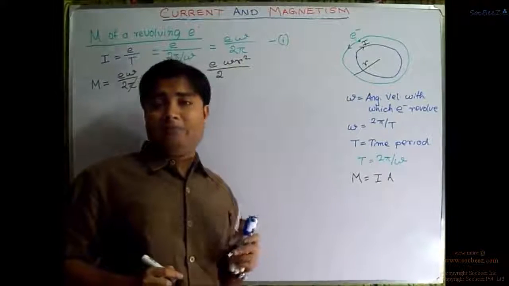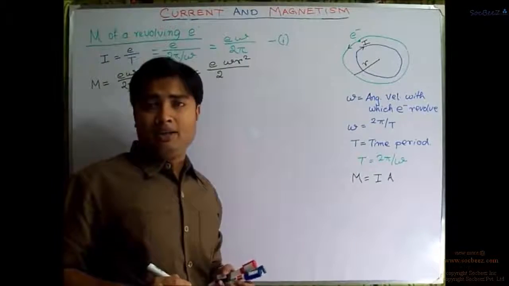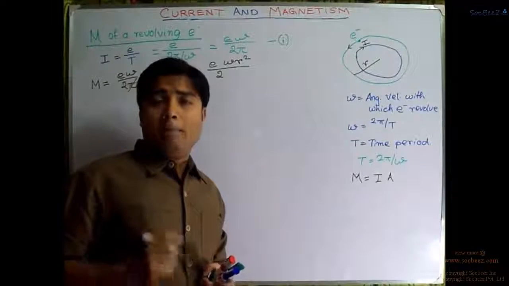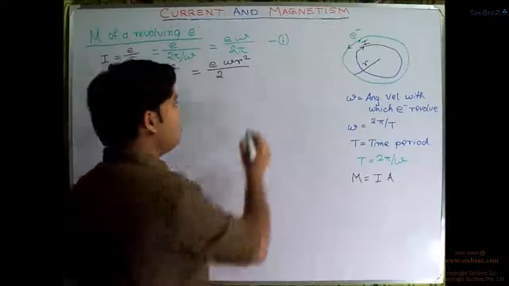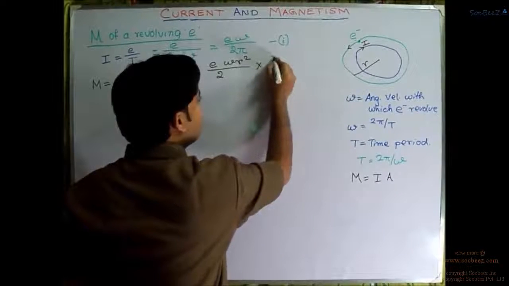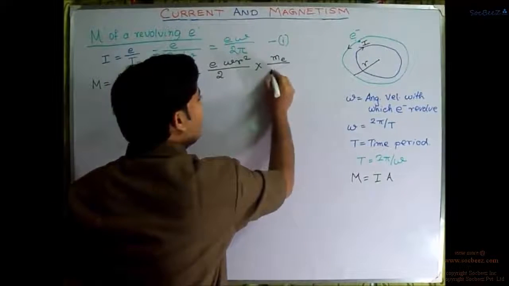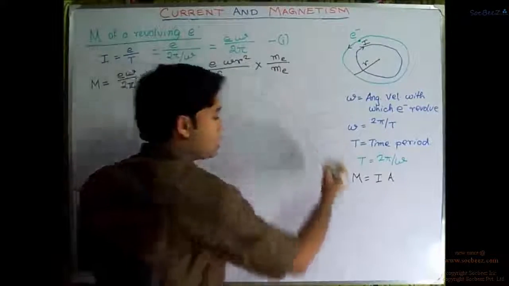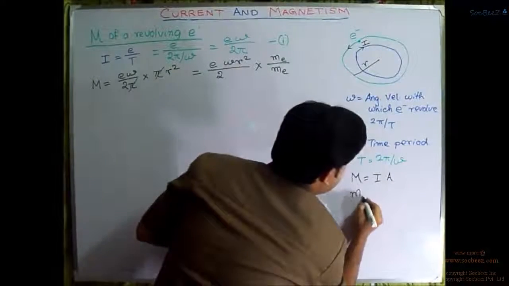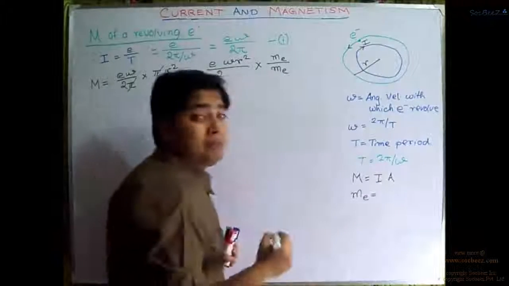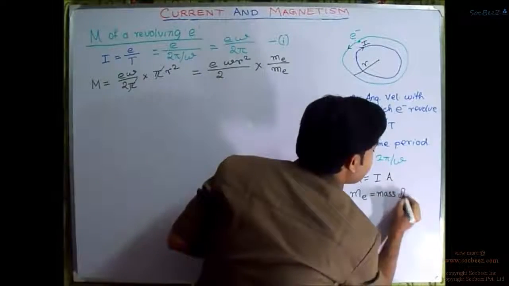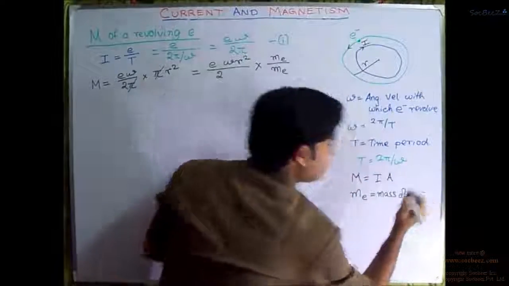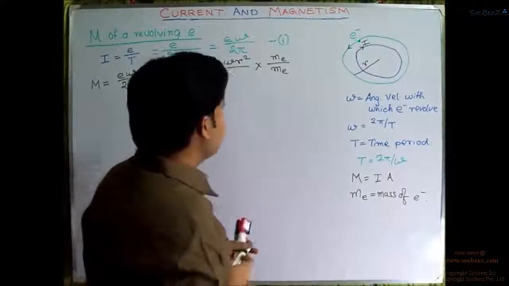Now let us multiply and divide this expression by the mass of the electron. So multiplied by the mass of the electron and divided by the mass of the electron, where m_e is simply the mass of the electron, right?